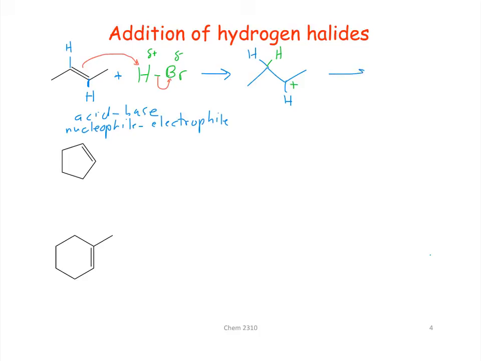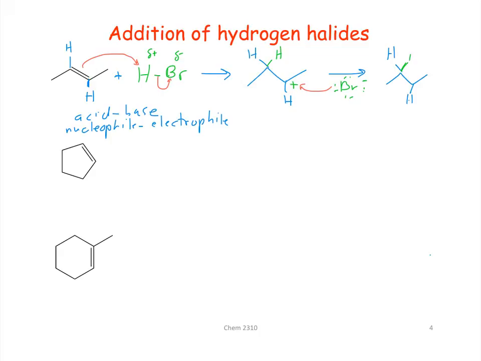And then the second step of this reaction involves the bromide that we generated in that first step. Remember, bromide has 4 pairs of non-bonding electrons, and this minus, this anion, is going to react with the cation. And so now we've got our product.